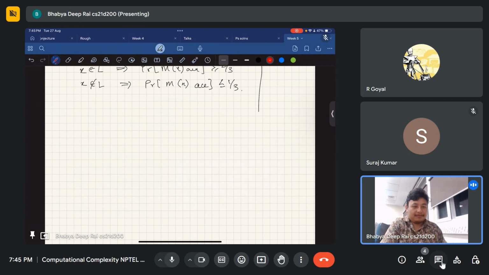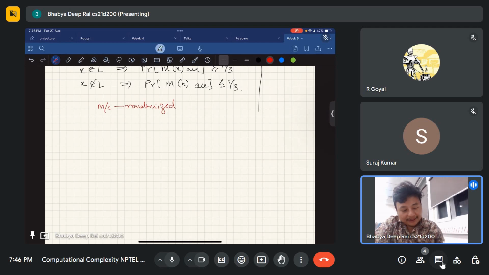Our machine makes a few coin tosses. Now here's an important concept about random bits being fed externally. What you can think of is that our machine, which is randomized, makes some coin tosses on the way.